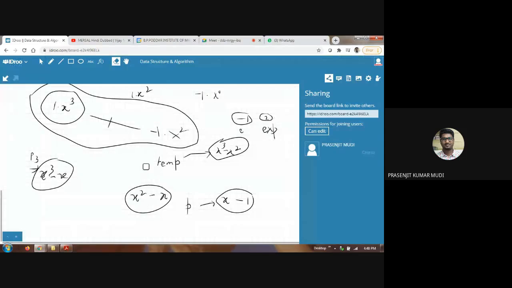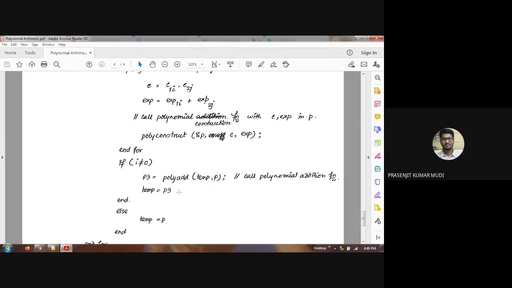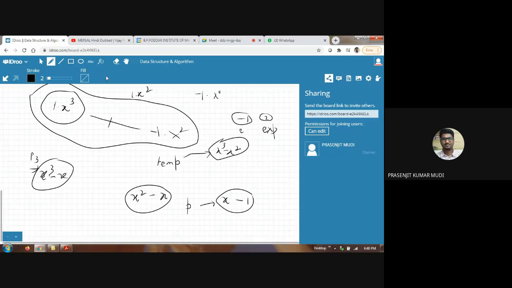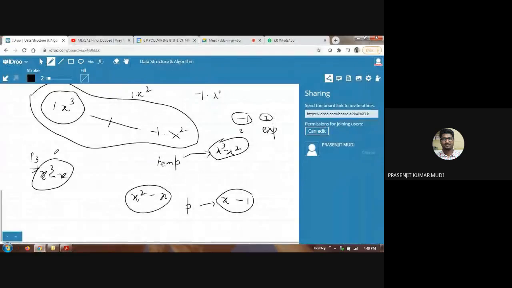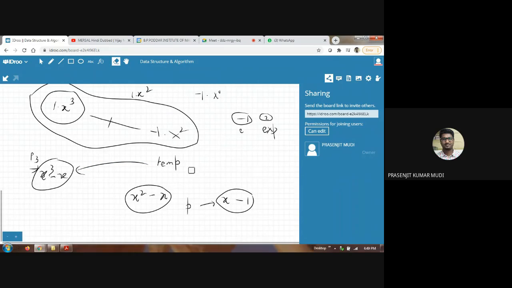Let's see. Previously I forgot to mention this. Previously temp was redirected to p3. So whenever p3 was computed, temp is supposed to point towards this, so this connection will be lost.